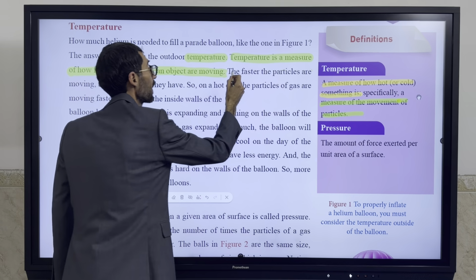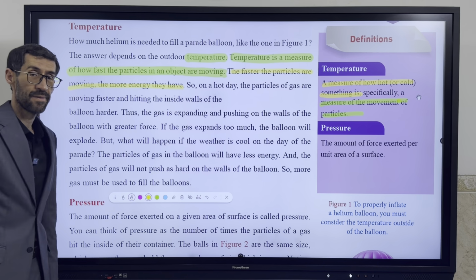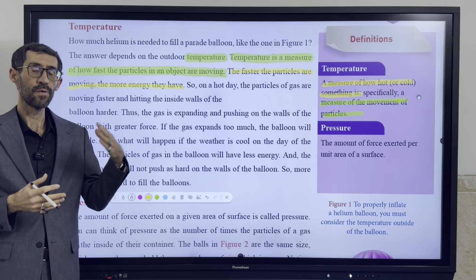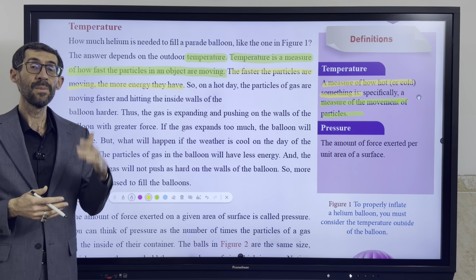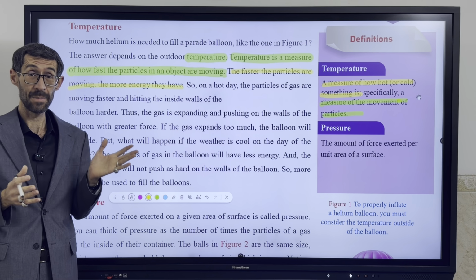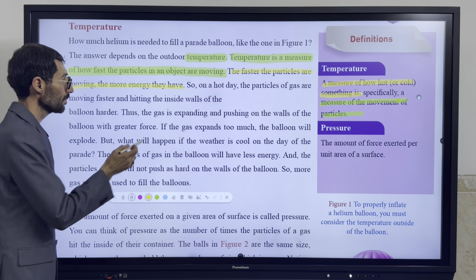The faster the particles are moving, the more energy they have. For example, instead of saying temperature is a measure of movement of particles, you can say temperature is a measurement of energy of particles. You can replace movement with energy.